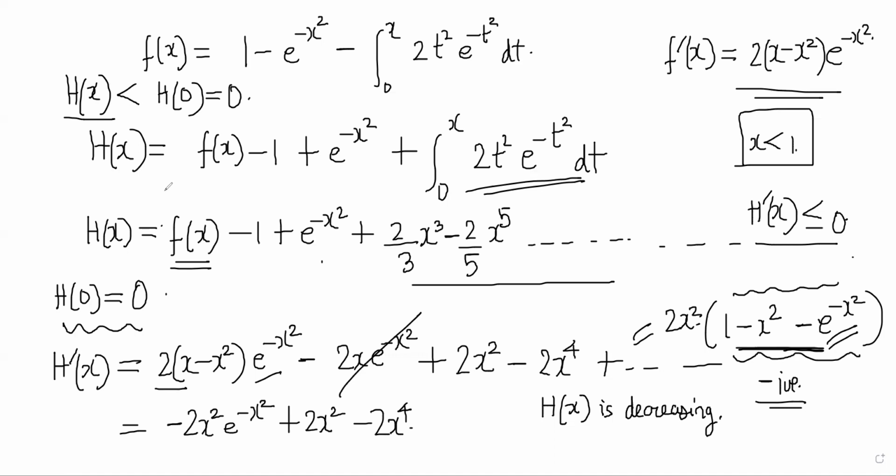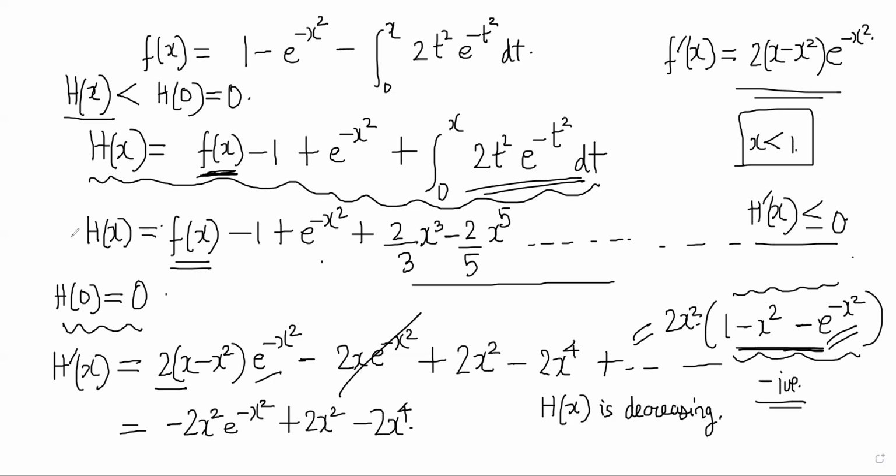So that means that we can now say that we have h of x is less than 0. So f of x, what is f of x? Is less than equal to 1 minus e power minus x squared, right?